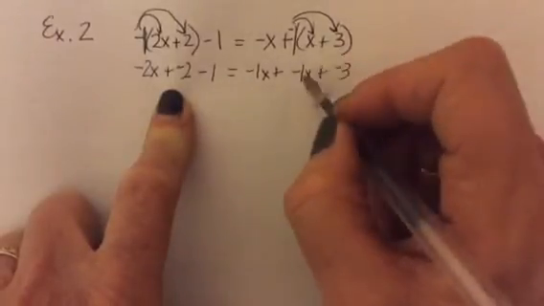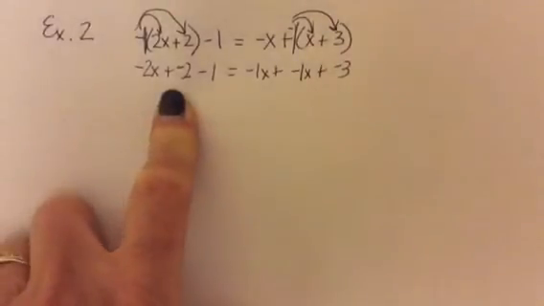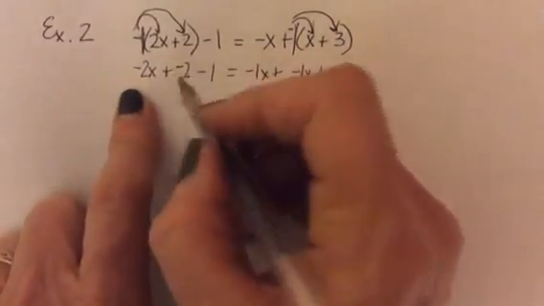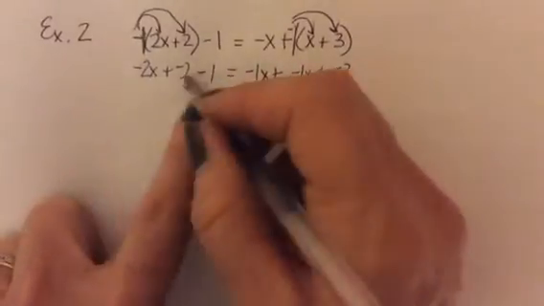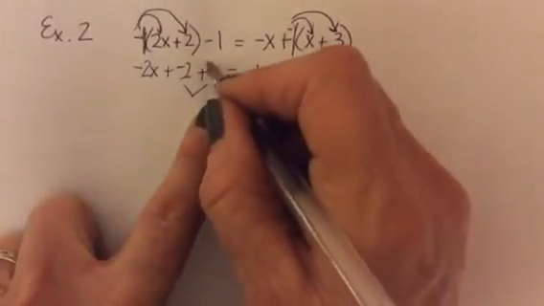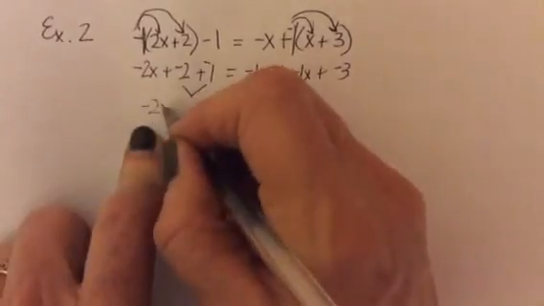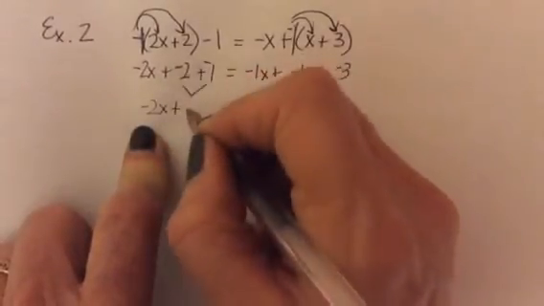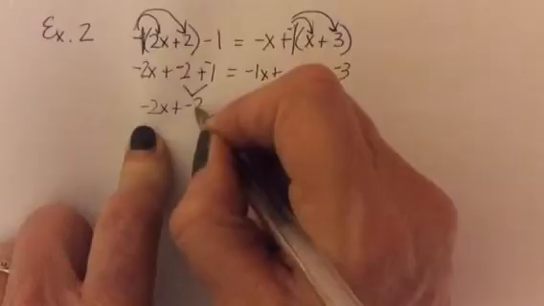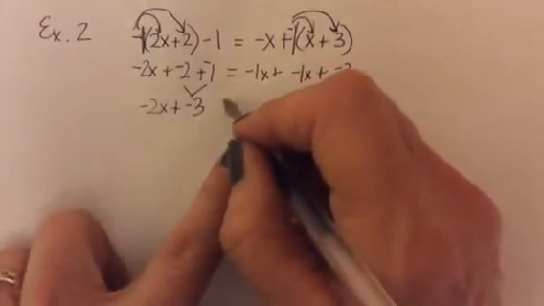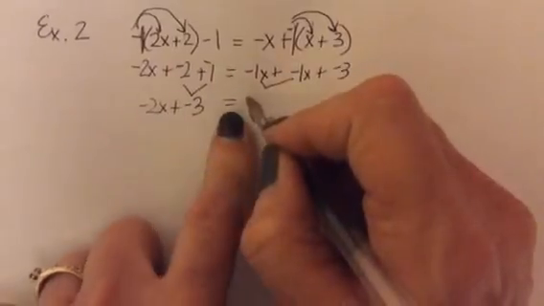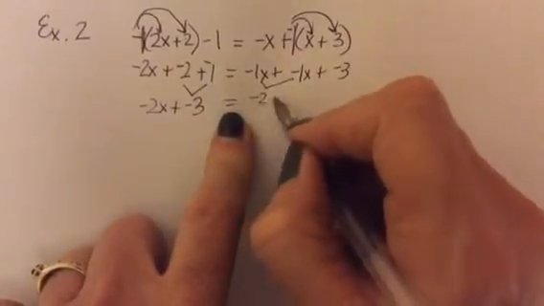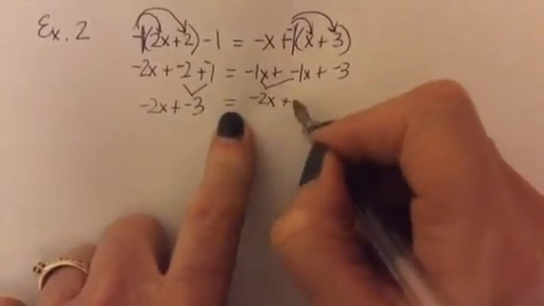So I just now have the opposite of both of those two things in parentheses. So now I'm going to combine like terms on both sides. Well, there's no other x term, so I'm going to add these two, because I can say that's plus negative 1. So that's negative 2x plus, and these two added together, negative 2 plus negative 1 is negative 3. On the other side of the equation, I can combine these two negative 1x's and get negative 2x plus negative 3.